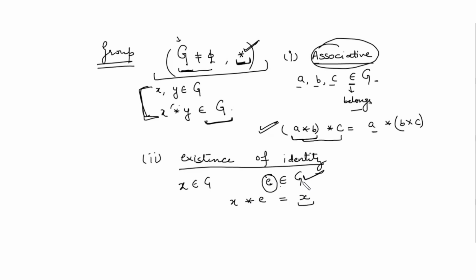If this exists, only then you will say the identity exists in this G with respect to the binary operation star.